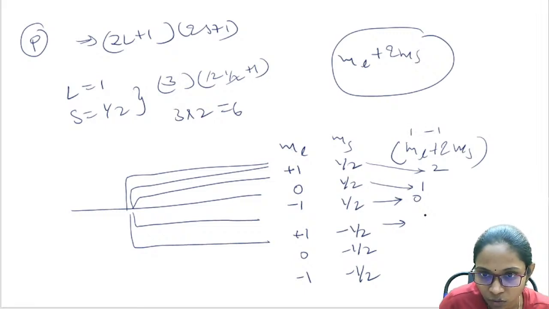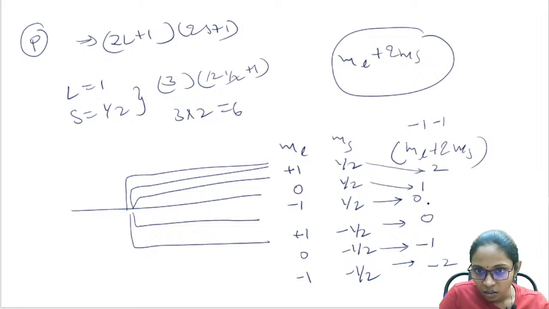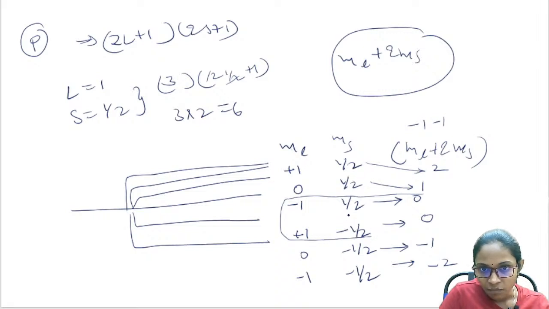This will be also 0. And this value is 0, minus 1 is minus 1, and here you will be having minus 1, minus 1 is minus 2. Minus 2. Okay, so here if you observe carefully, these levels, both these levels will merge with each other.